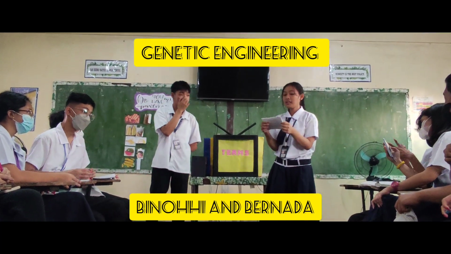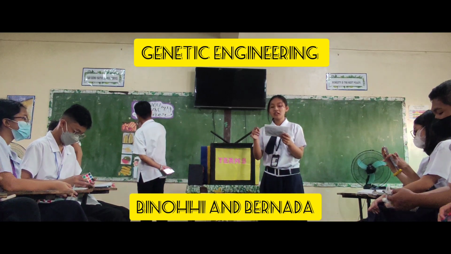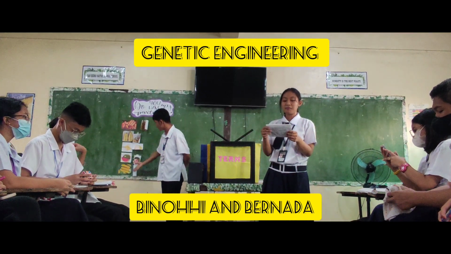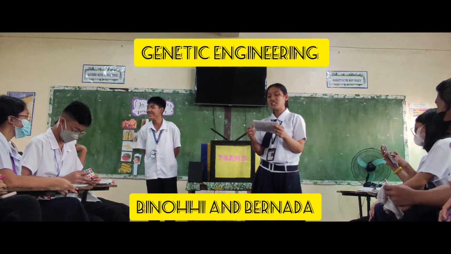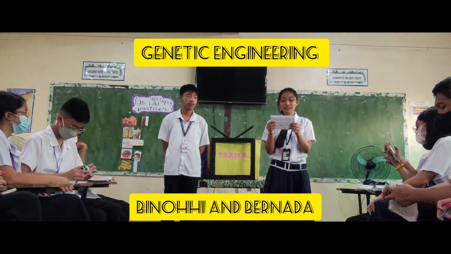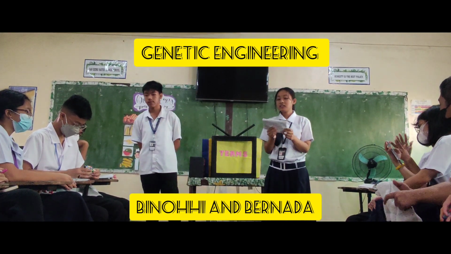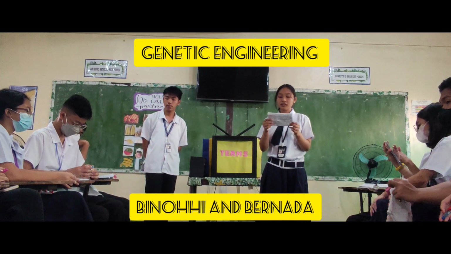Examples are the BT talong and BT corn. The crops that have the BT gene in that organism produce natural insecticides in them. They make the crops more resistant to different pests and elements.